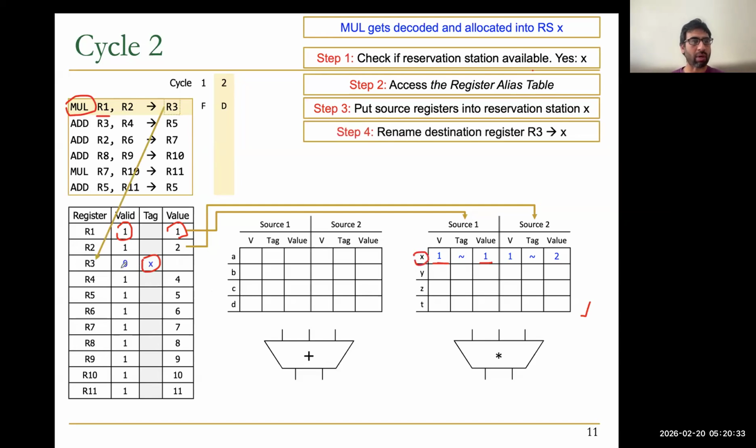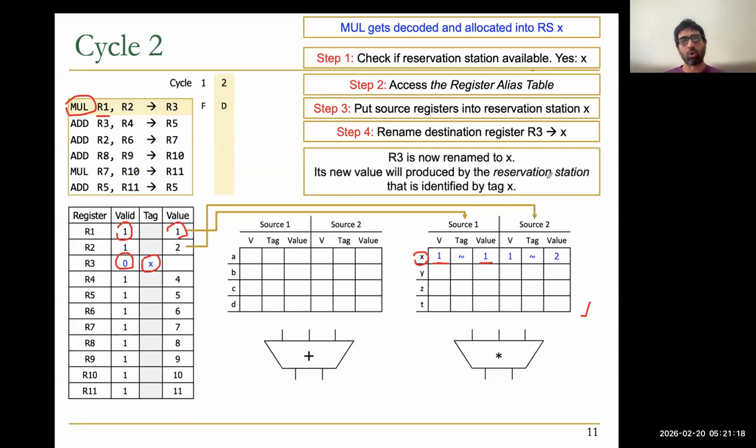So what we did is mark that the content of R3 is now invalid, and we are recording the tag of the reservation station which holds the source operands of this instruction. So effectively, what we have done is renamed R3 to X. R3 is supposed to hold the output of this multiplier, right? And now we are saying that the output will be provided by the multiplier once it is fed with the sources of the reservation station X. That's why we are storing the tag X here. Okay.